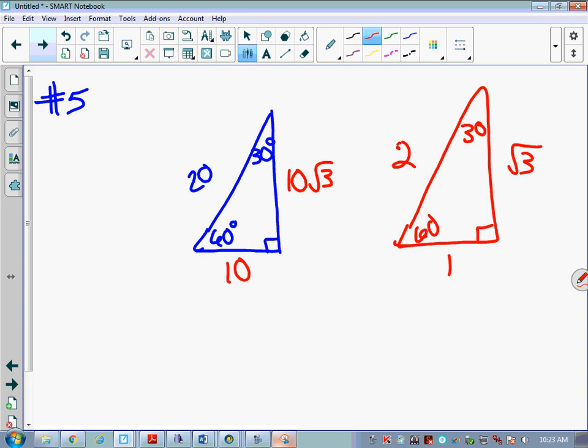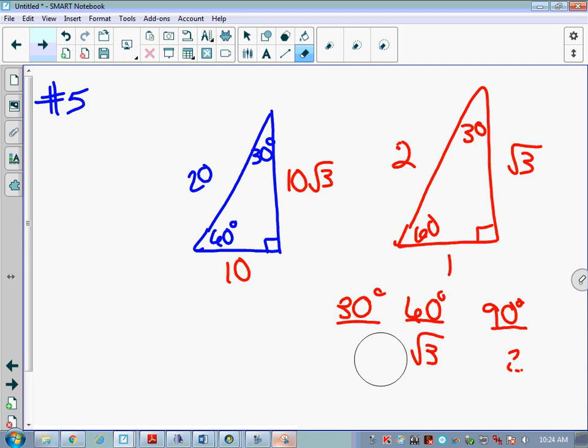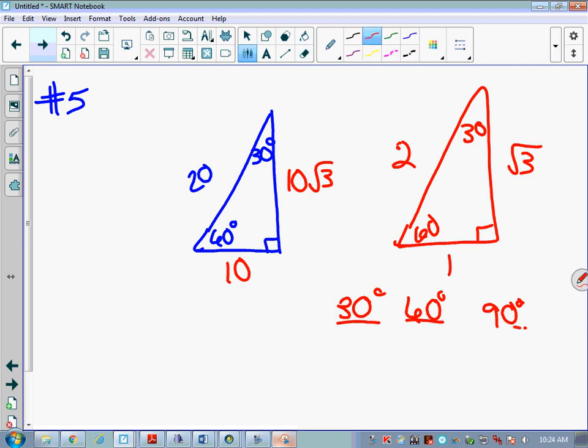Okay, come back over here to our right-hand side. This is my ratio, 1 to 2 to radical 3, always. So 30, 1. 60, radical 3, 90, 2. But imagine it more like this, if we had to, because we're changing the numbers. x, x radical 3, 2x.